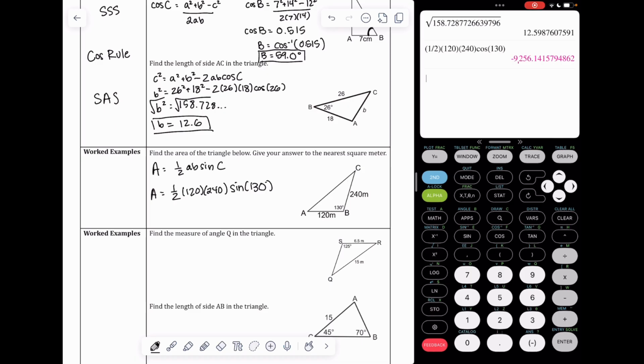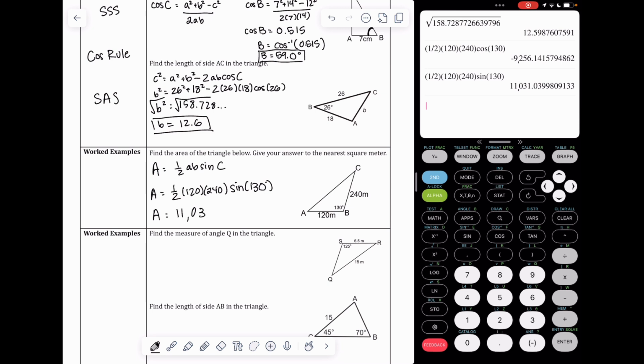We got it now. Sine of 130. 1/2 times 120 times 240 sine of 130. All right, that looks a lot more possible. Areas must be positive, so 11,000 and 31.